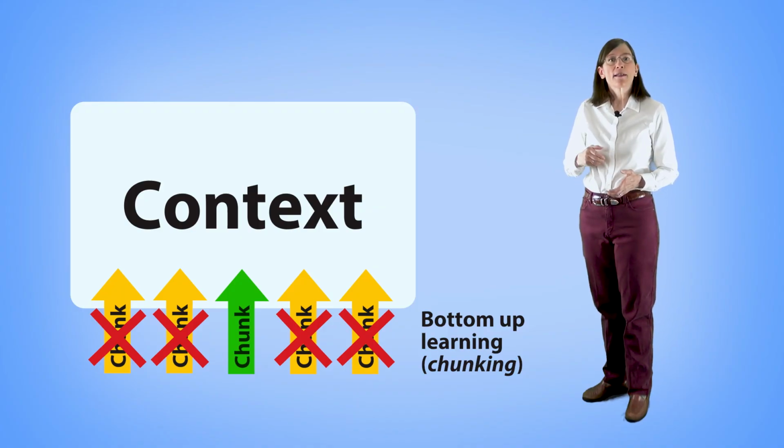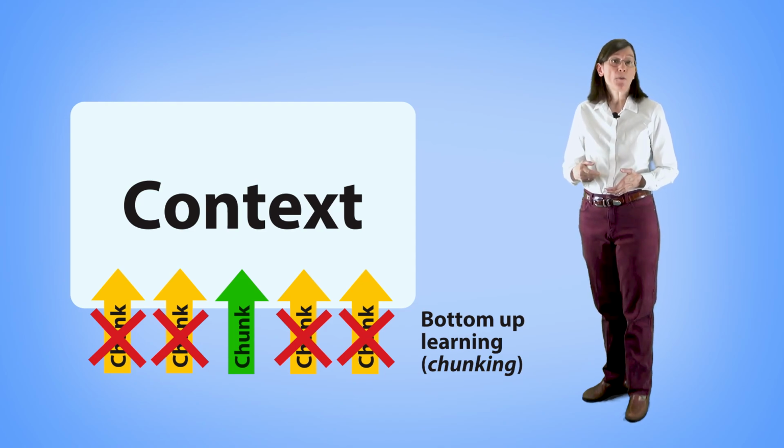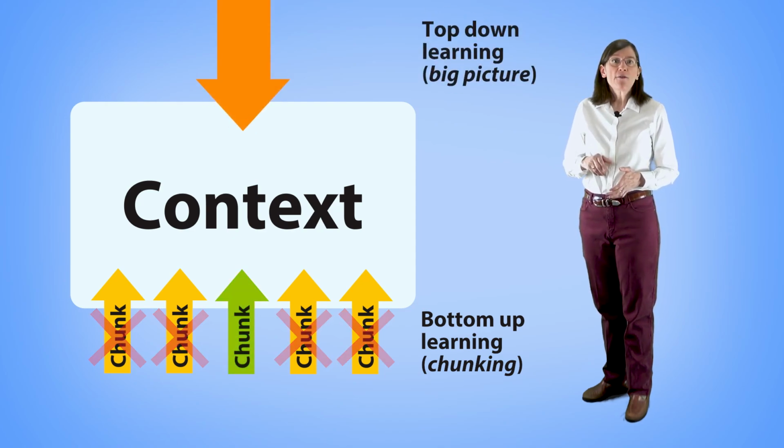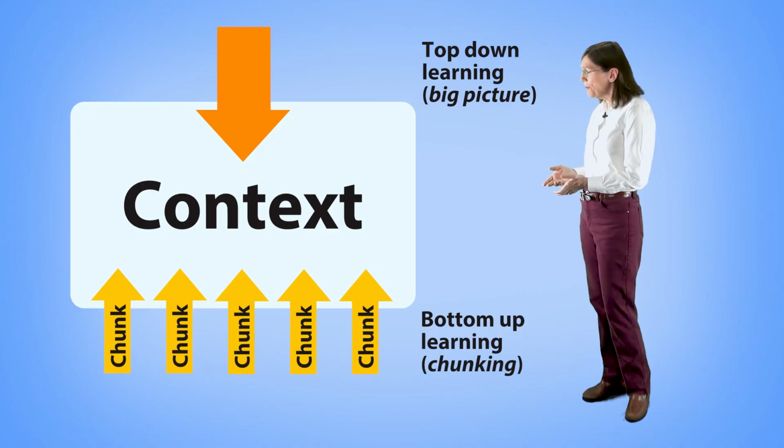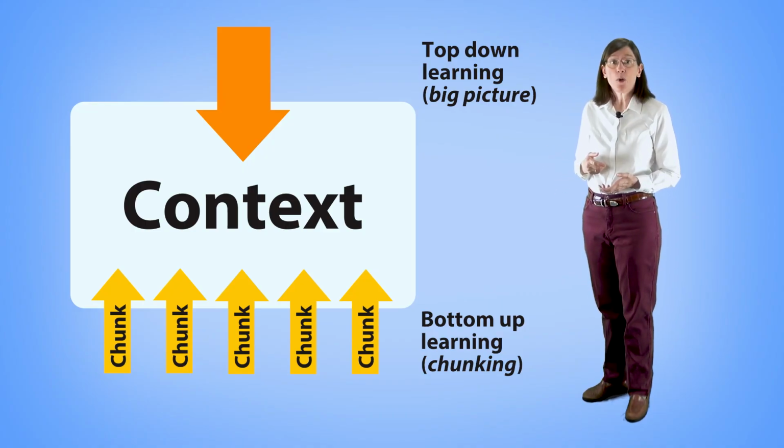Ultimately, practice helps you broaden the networks of neurons that are connected to your chunk, ensuring it's not only firm, but also accessible from many different paths. As you can see from this top-down, bottom-up illustration, learning takes place in two ways.